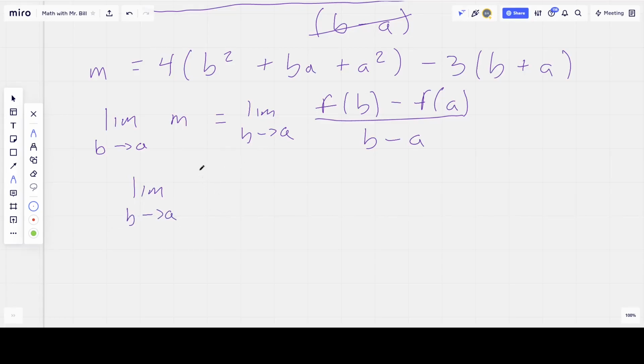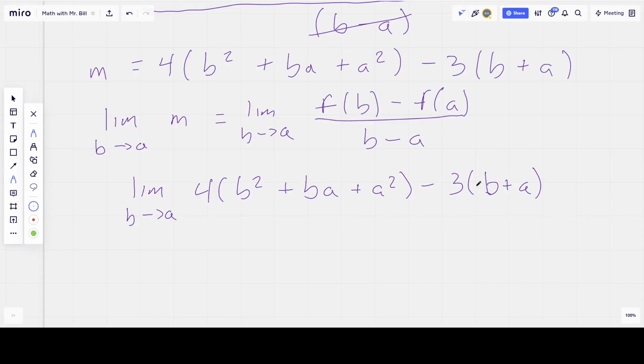You can distribute the 4. You don't have to. Okay, now I'm sending b to a. So for every b that I see in here, I can plug in a. I'm allowed to do that because that will give us no problems.